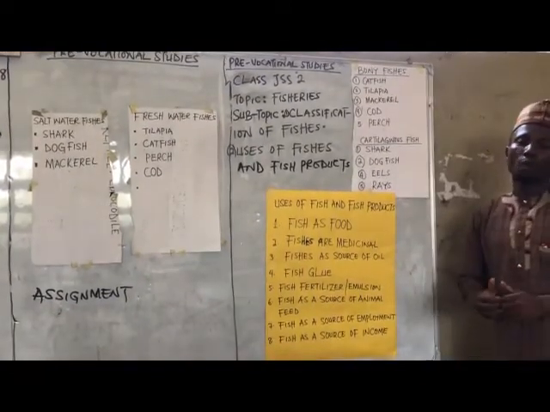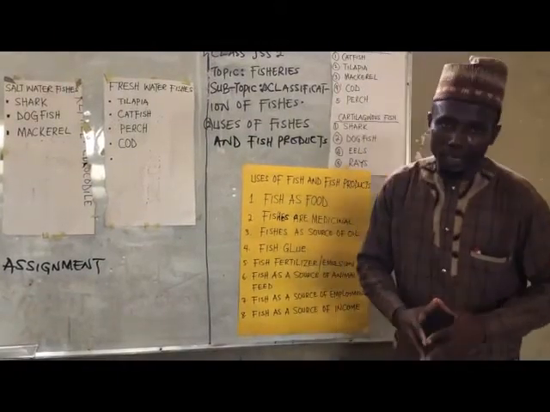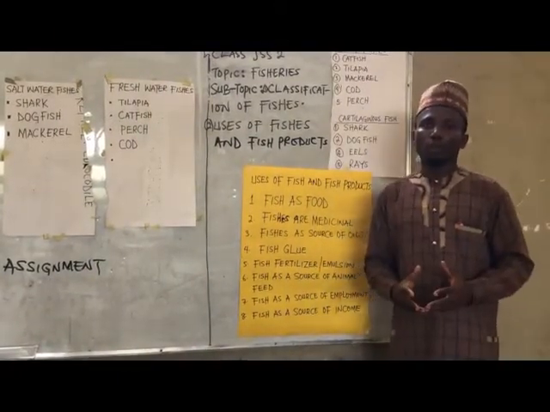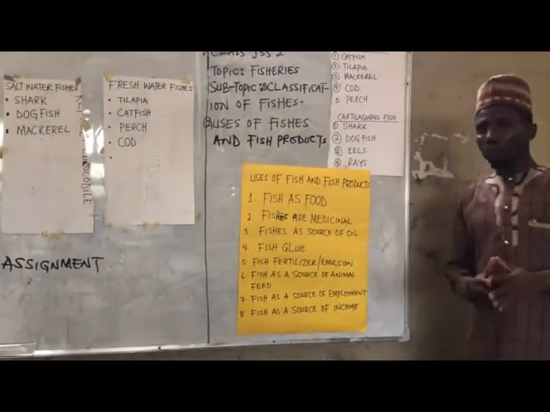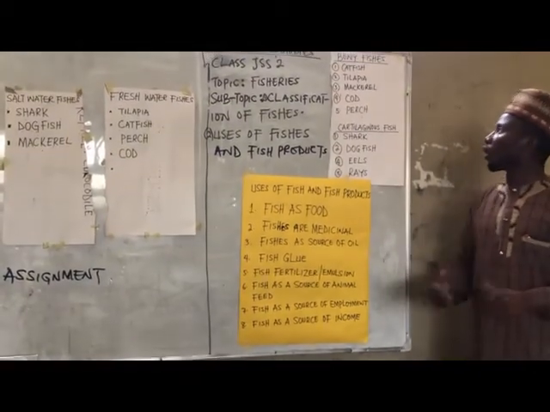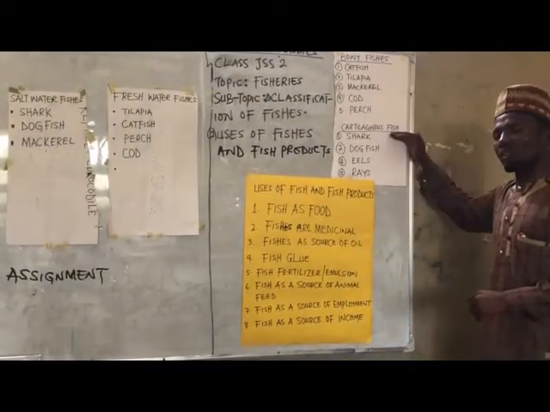When we're talking about morphology, we are referring to body structure. So we can classify based on morphology into bony fishes and cartilaginous fishes.